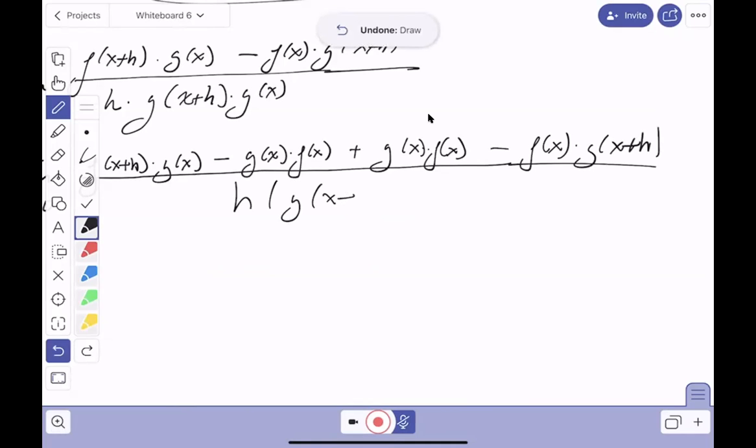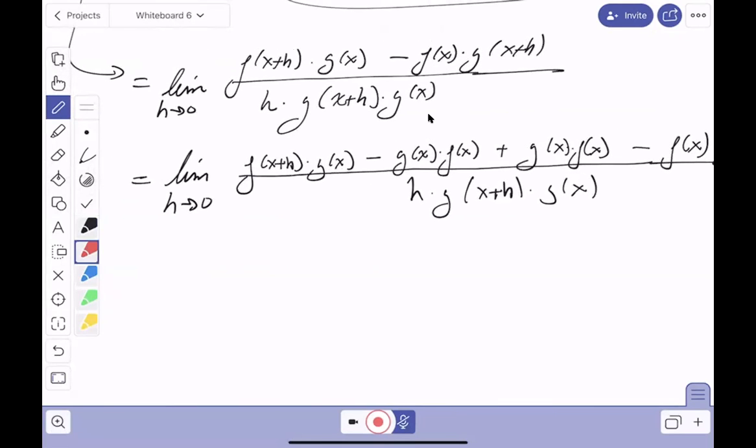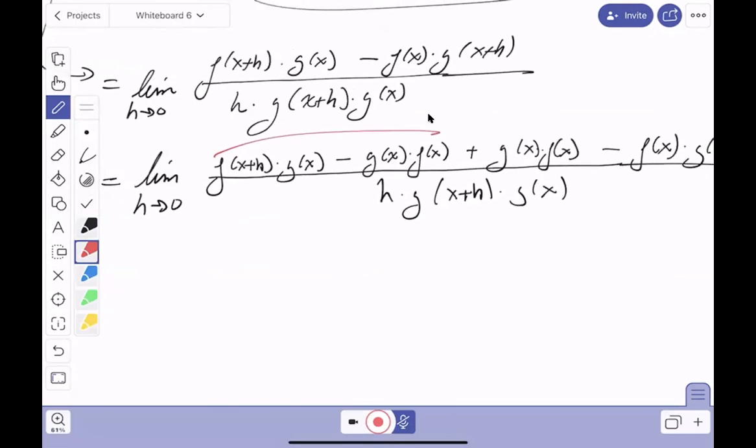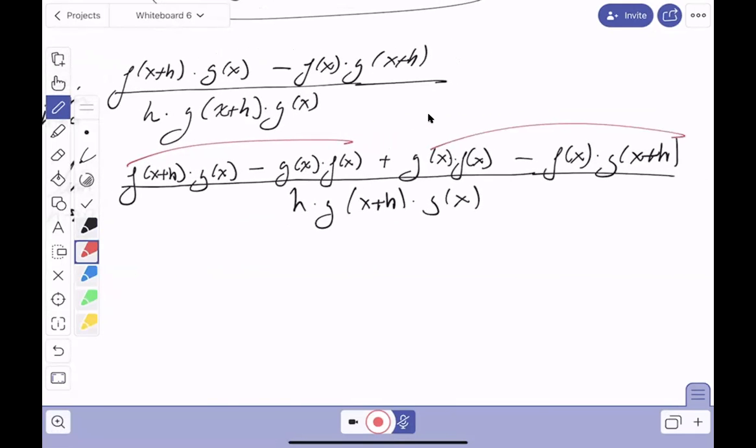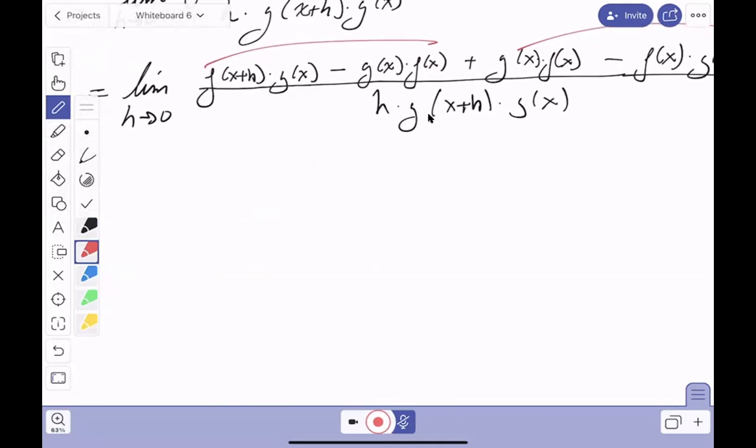You know what? I went crazy with the parentheses there. Let me back up a little bit. h, g of x plus h, g of x. And then what I'm going to do is look at this, and I'll look at this. I'm going to factor those around, right? Again, sometimes it's just too much writing for me.